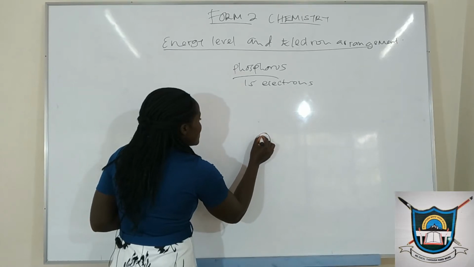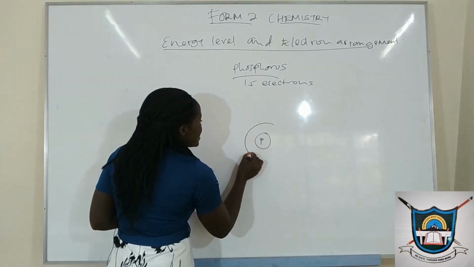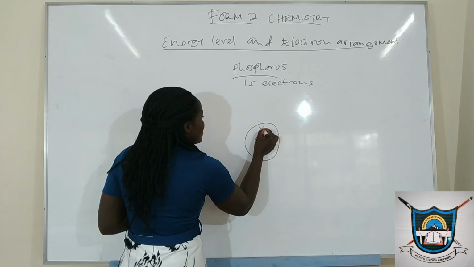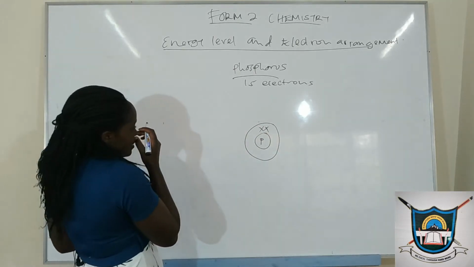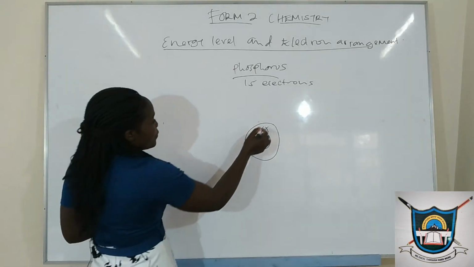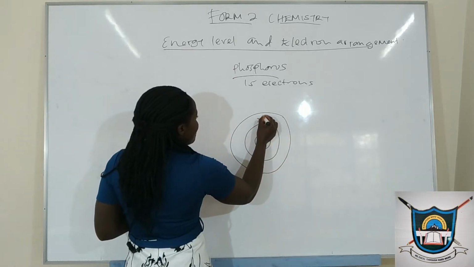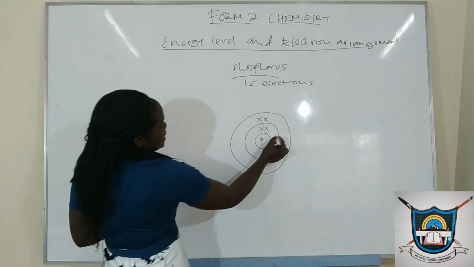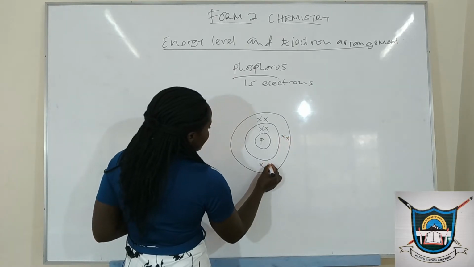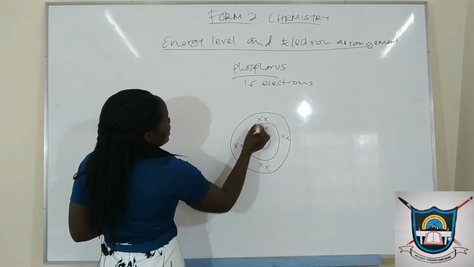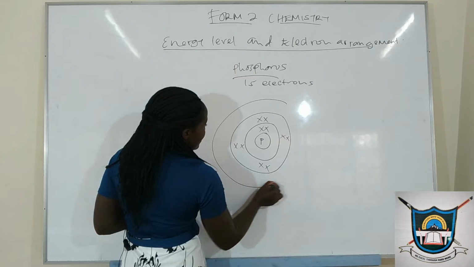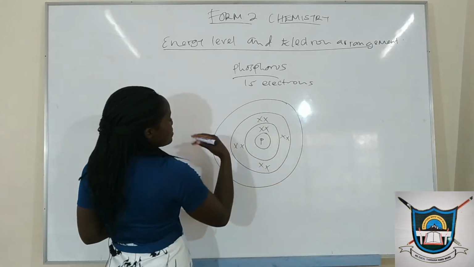So this is phosphorus. The first energy level, I say, can hold a maximum of 2 electrons. The second energy level can hold a maximum of 8 electrons. The third energy level occupies a maximum of 8.